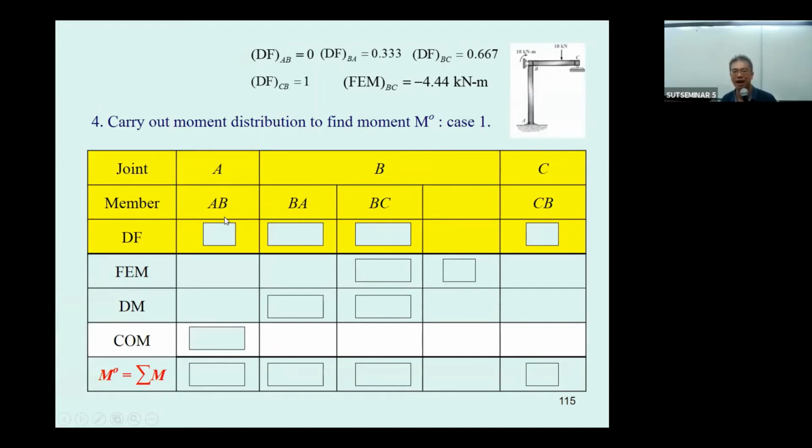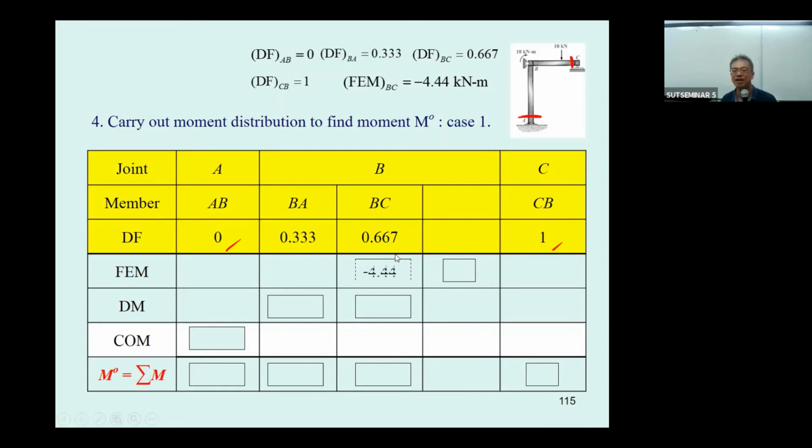And now you have the table, going to be A, B, C. Remember, AB is here. The distribution factor here is going to be 0. And CB is here, and the fixed moment here is going to be 1. You should use 4 decimals if possible, because the calculator nowadays is easy to use.